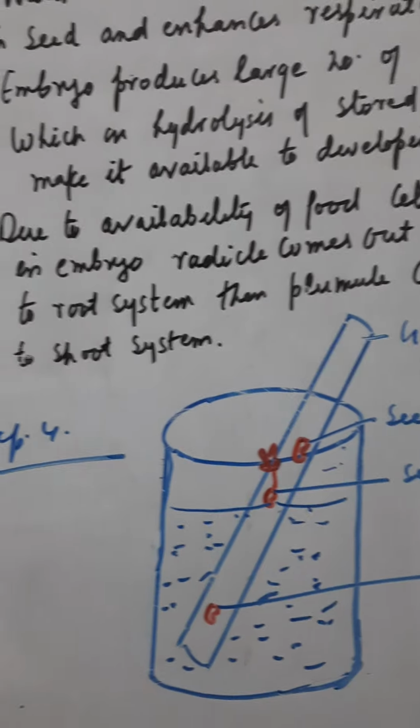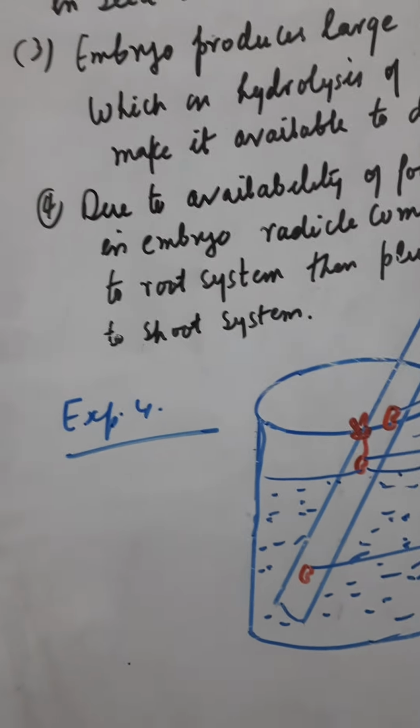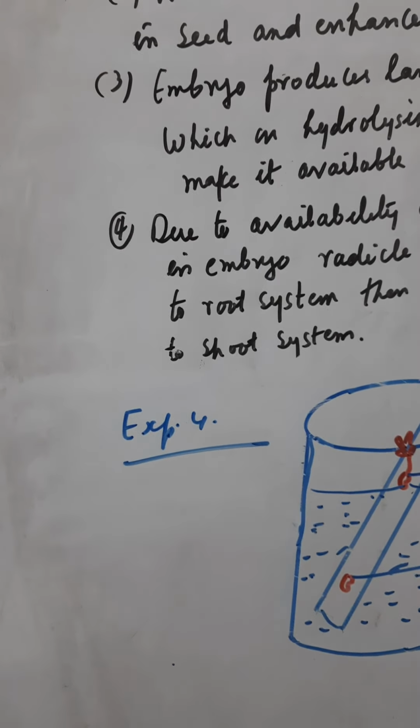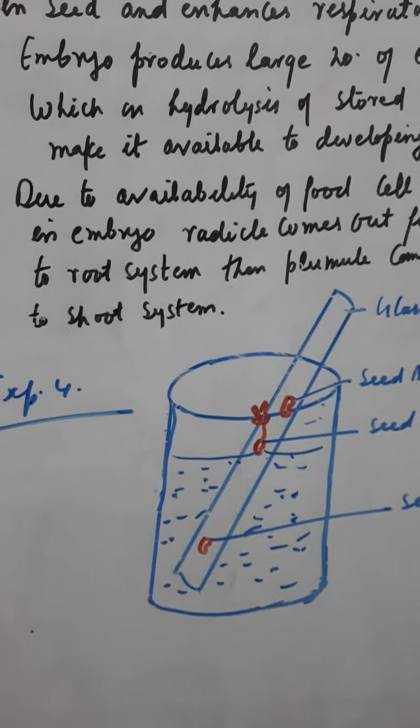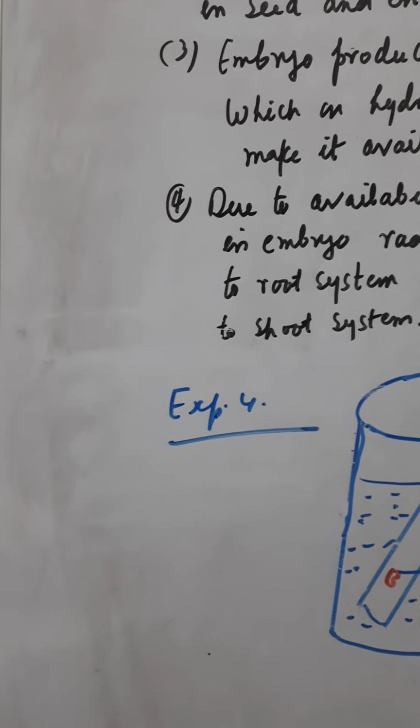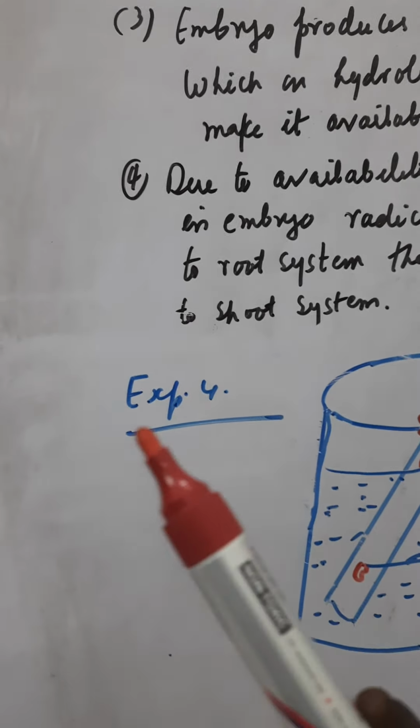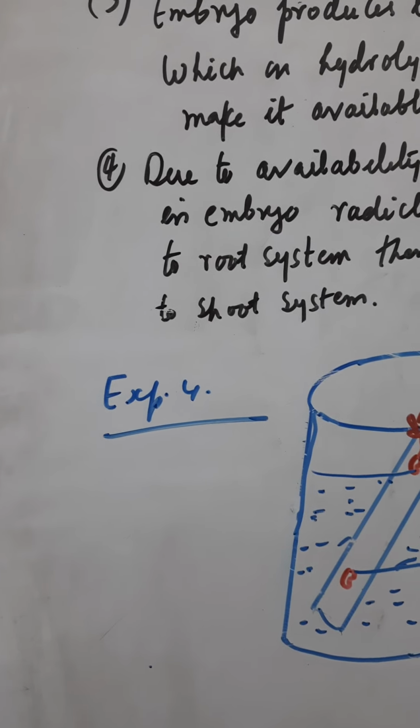Now there are certain experiments which are given in your book as experiment number 1, 2, 3 and 4. One is to demonstrate that water is essential for germination of seed.